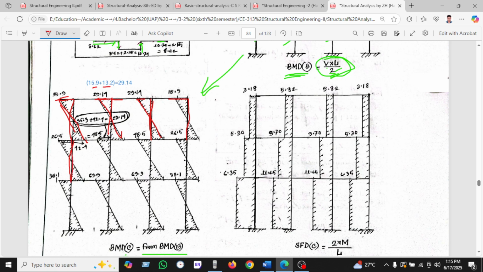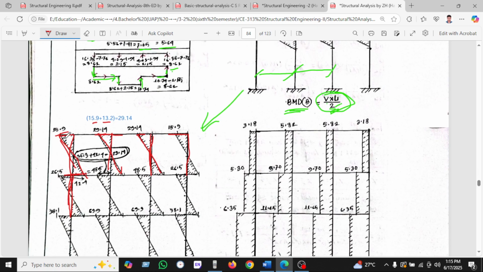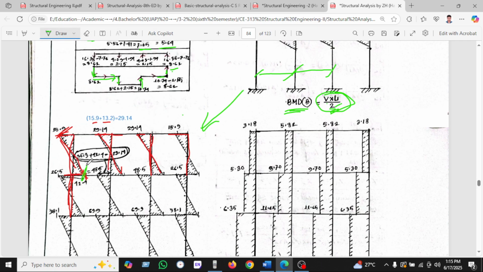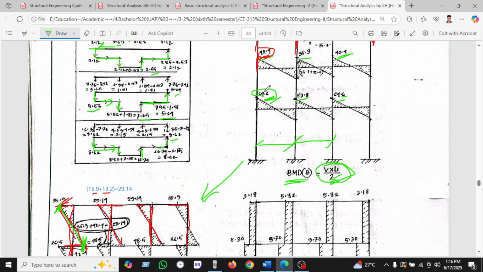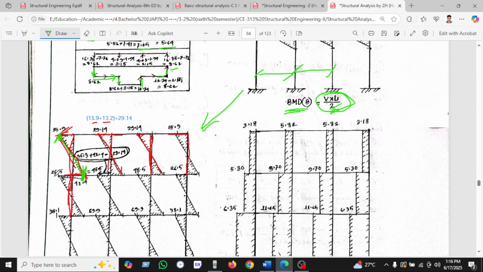This column carries the 42.4 total load, as we have seen here, but we already have 15.9. This is the 15.9, as it is here. So if you deduct 15.9 from 42.4, then we will find 26.5.